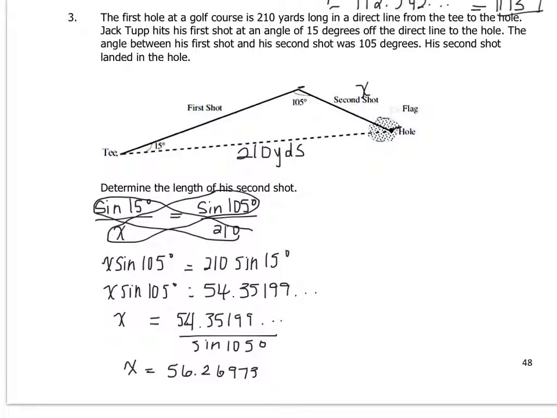So it asks you to determine the length of his second shot, so we round that off to the nearest yard, or nearest tenth of a yard. It would be 56.3 yards.